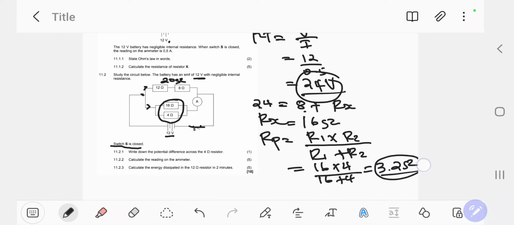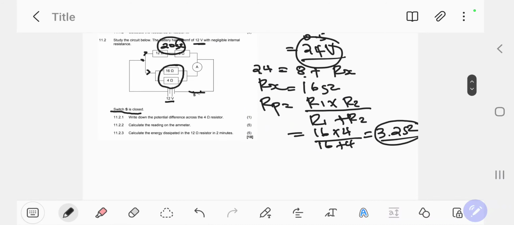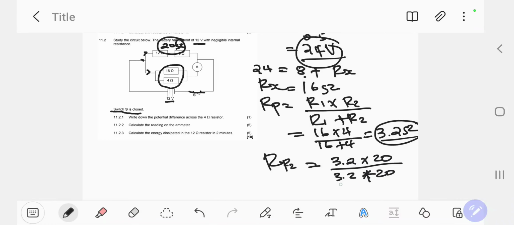Now this 3.2 and the 20 are connected in parallel. To get the effect, RP2 equals 3.2 multiplied by 20 over 3.2 plus 20. This one is a plus sign.